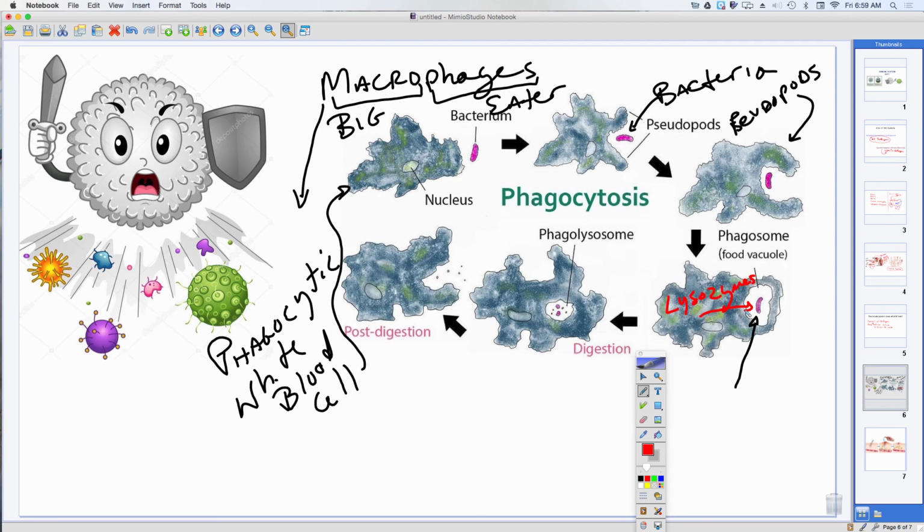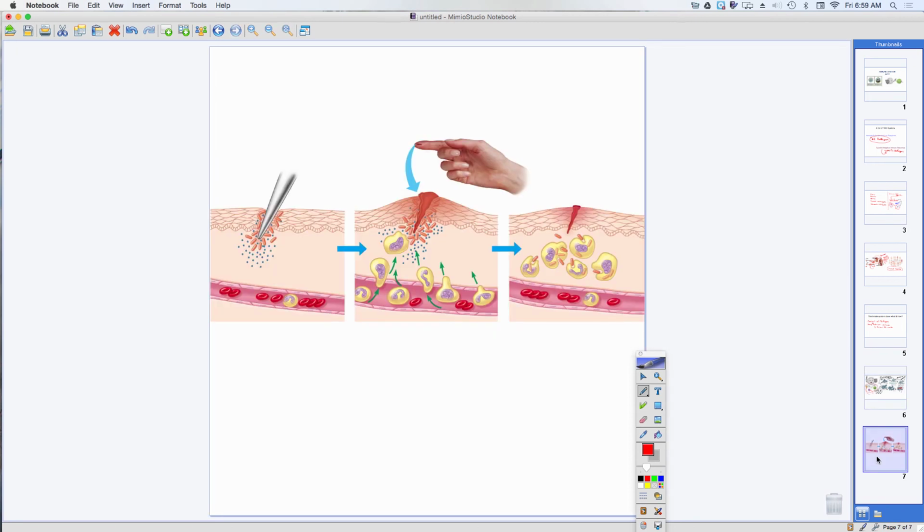So these white blood cells are part of your non-specific immune response, and they are looking for any type of pathogen.